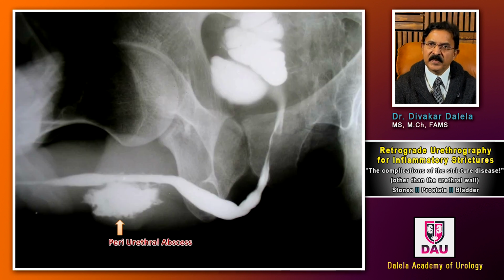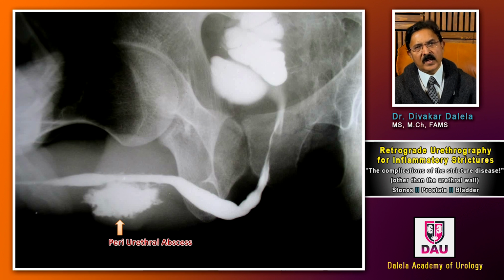Similarly, in this patient, I have shown this film earlier also, which shows you stricture urethra and one complication like perineal abscess. But if you concentrate on the bladder part here, then you will see multiple cavities in the bladder. What are these cavities? Because the patient is lying on one lateral side, contrast has settled in the dependent cavities, which are the diverticula formation here.